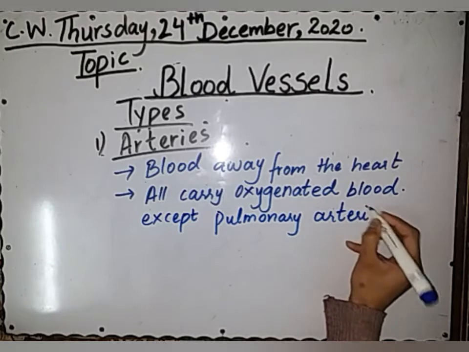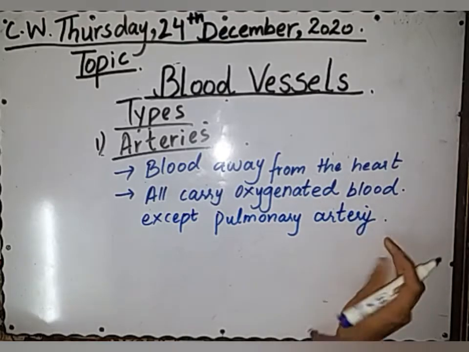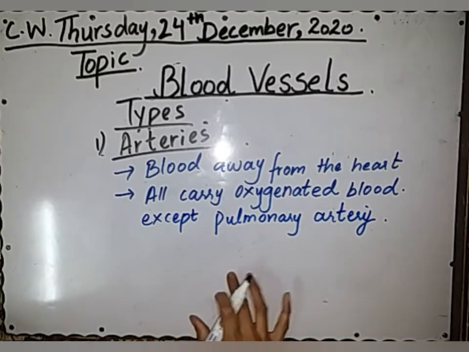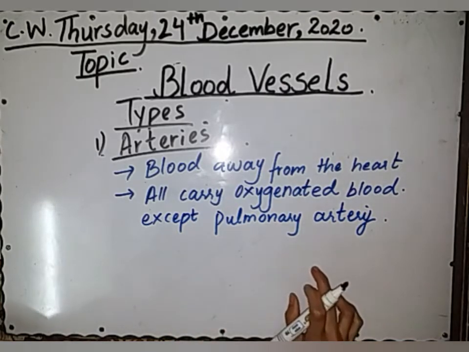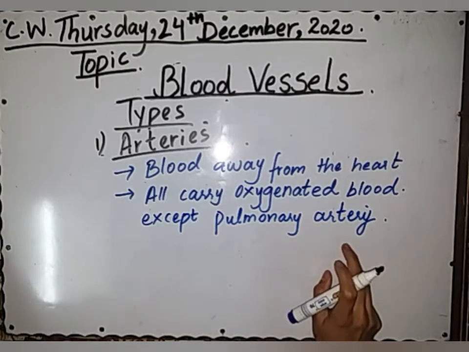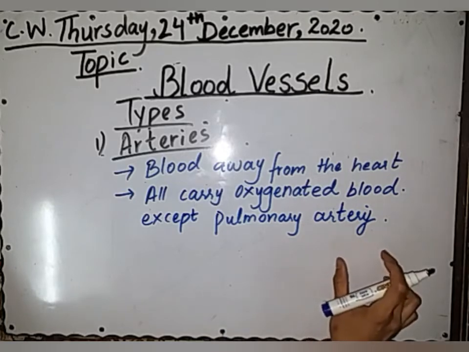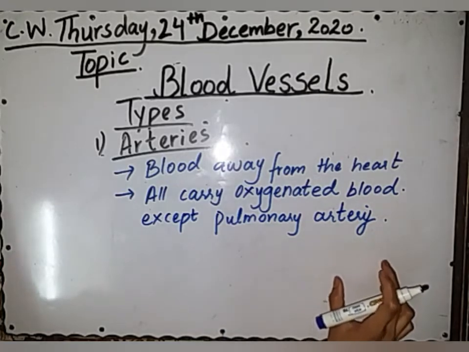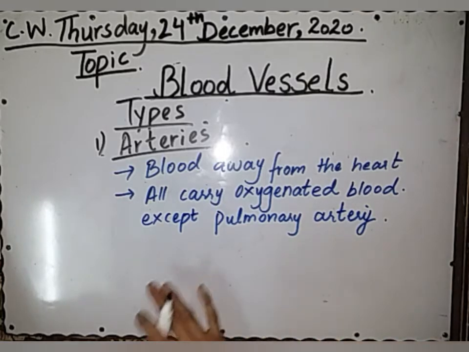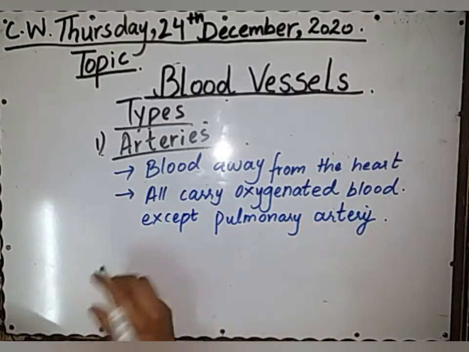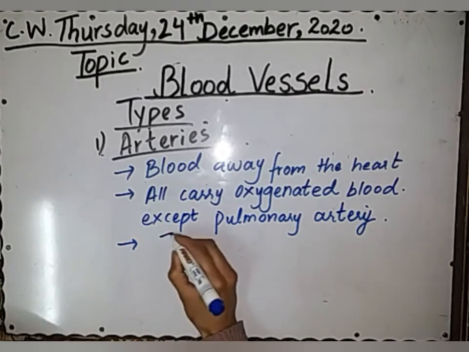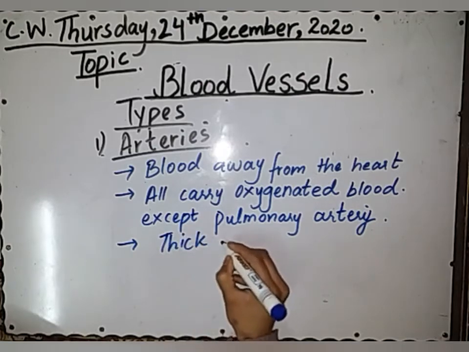Students, this is an important MCQ or objective question: which artery carries deoxygenated blood? Only the pulmonary artery will carry deoxygenated blood, because it arises from the right ventricle and supplies blood from the heart to the lungs. Then the walls of arteries are thick and strong.